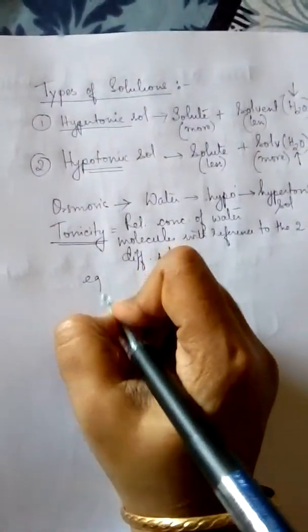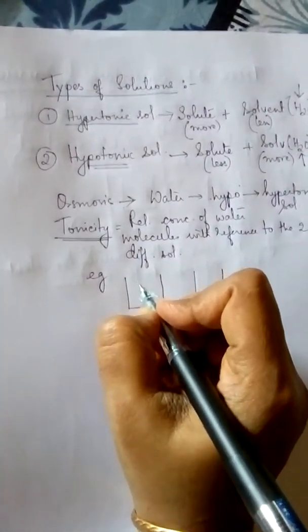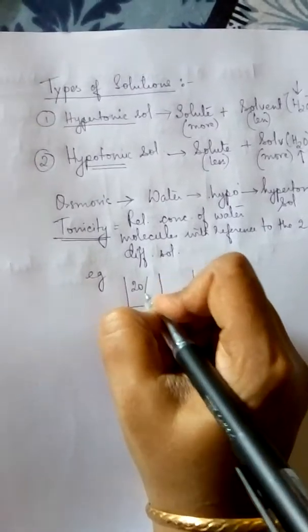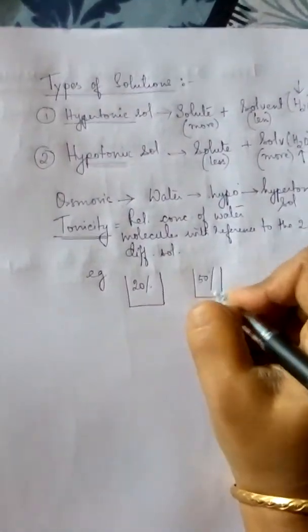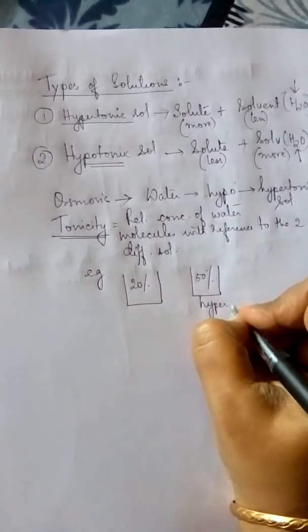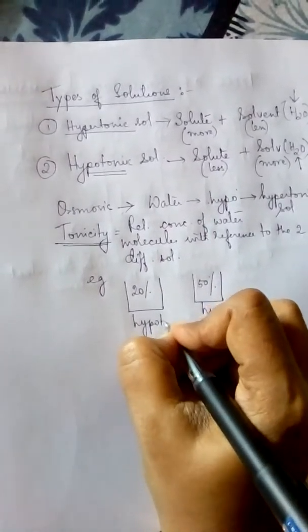Coming to an example, say I have two sugar solutions, but one has just 20% sugar and the other has 50% sugar. Which has more solute? Definitely this one. So this is more hypertonic while this is hypotonic.